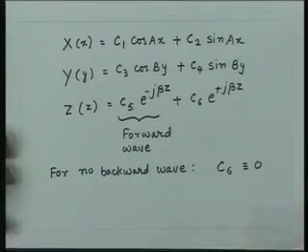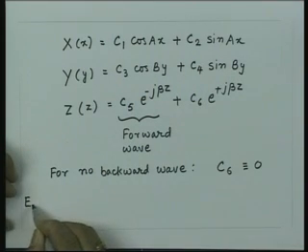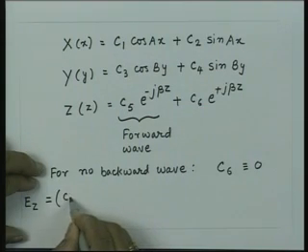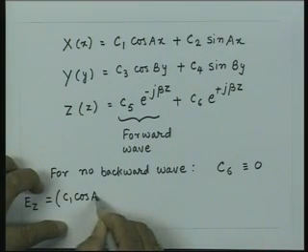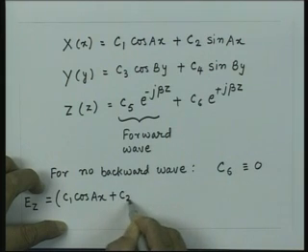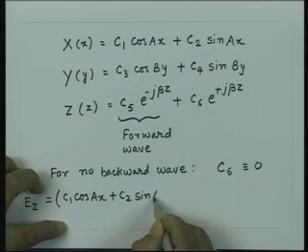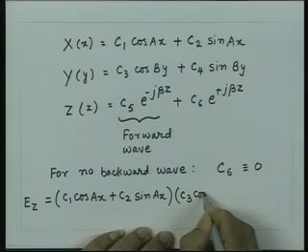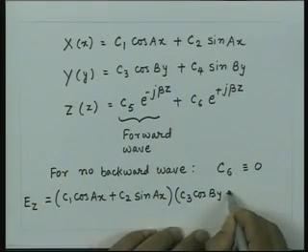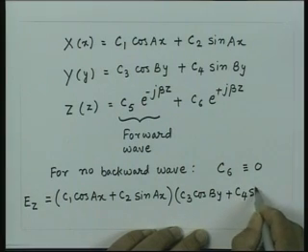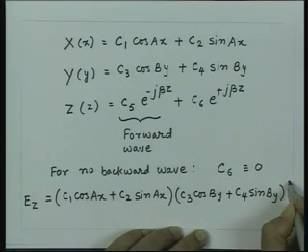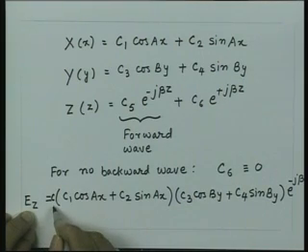So, from here then I can get Ez, which is the function of x, y, z, will be equal to C1 cos Ax plus C2 sin Ax, C3 cos By plus C4 sin By, e to the power minus j beta z, and we are going to put a constant here which is C5.